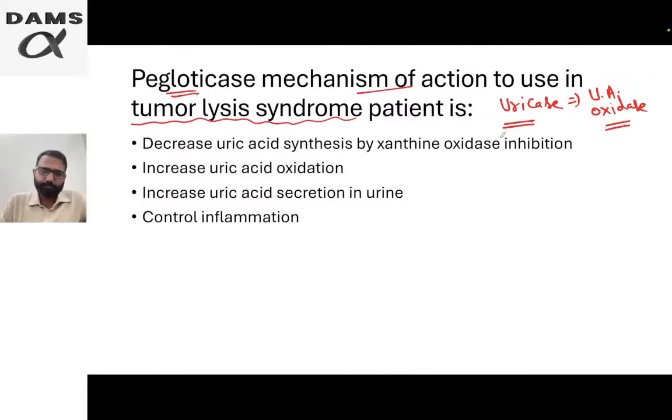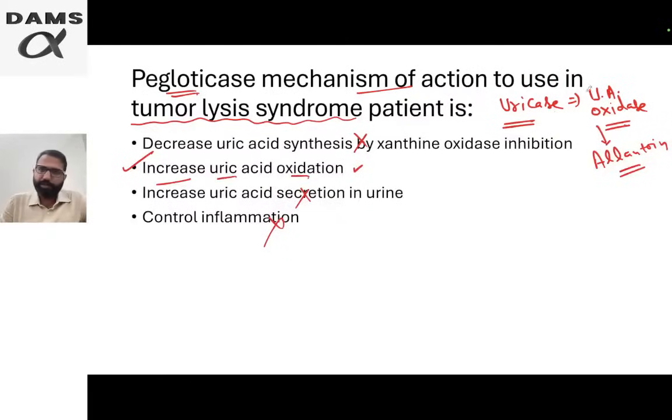Okay. So is urate oxidase there to decrease uric acid synthesis? No. Increase the uric acid oxidation? Yes. It is the uric acid oxidation which converts uric acid to allantoin. Right? So it is not the secretion, it is not the inflammation, it is the increased uric acid oxidation.